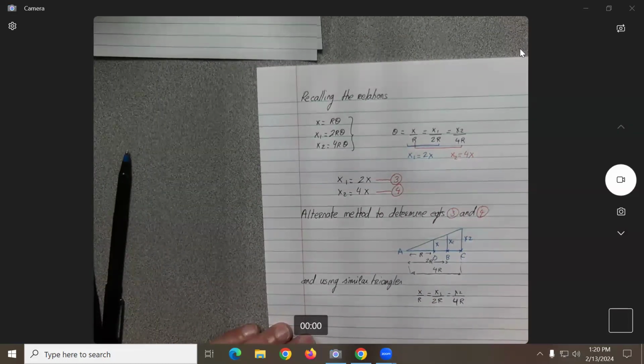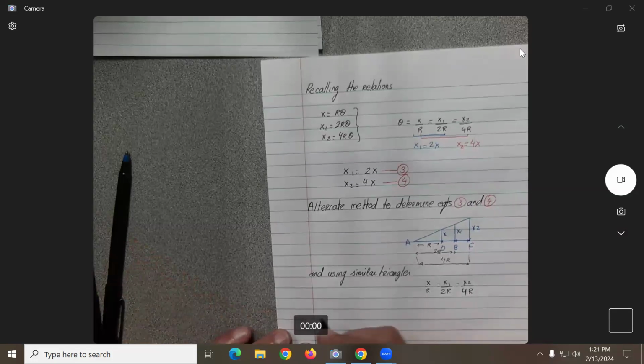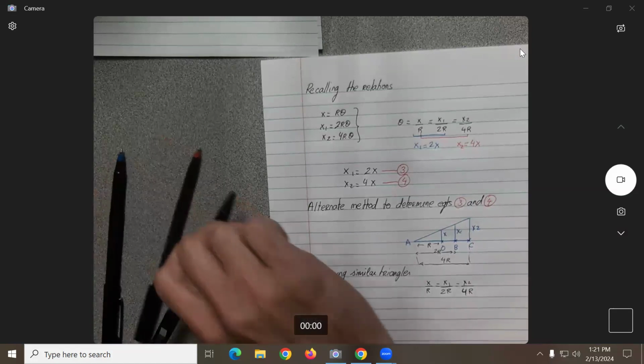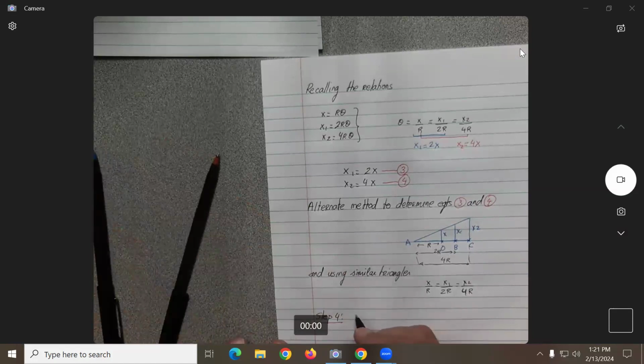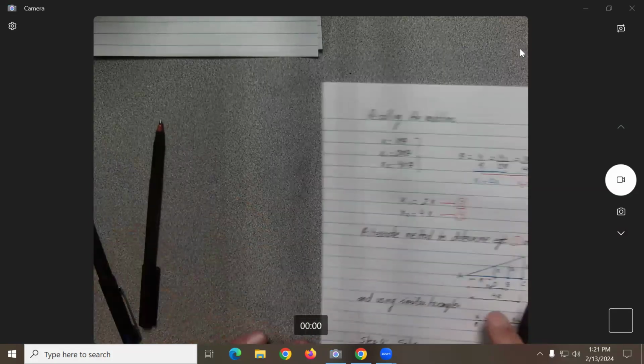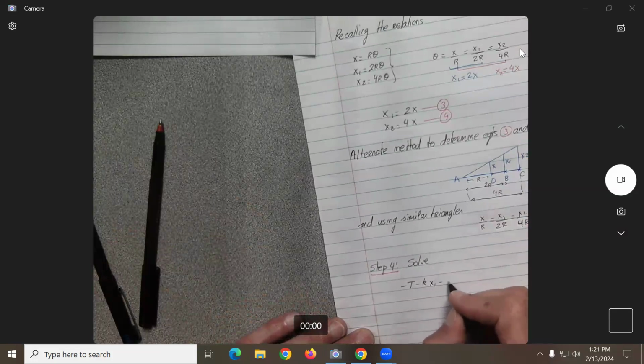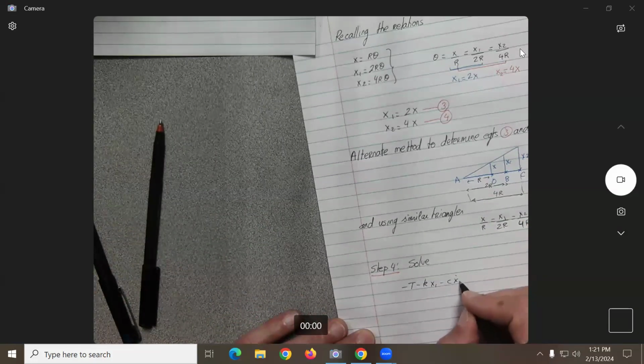Okay, so we did step 1, step 2, step 3. What we need to do now is the one that to me has no value. But we need to do it because we need to find the equation of motion. So what is step 4? Solve, no? Okay. So if you want, let's just recall all the equations that we have. We have minus T minus k x1 minus c x dot 2 minus mg equal to m x double dot.